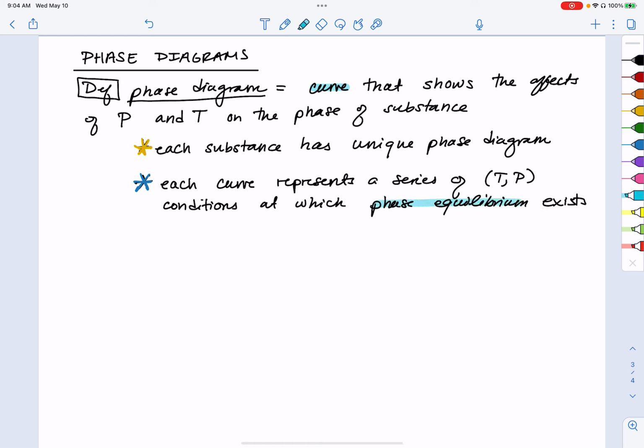A phase equilibrium is just like we talked about with vapor pressure. This means that we have two or more phases existing at the same time.